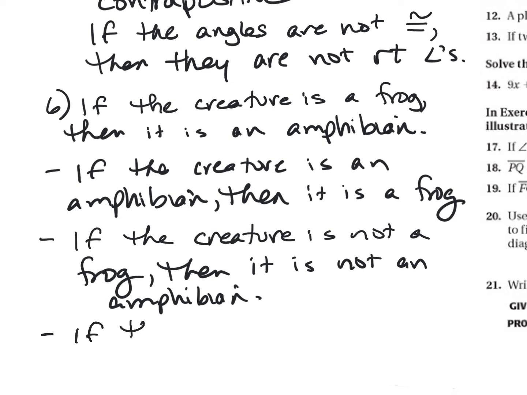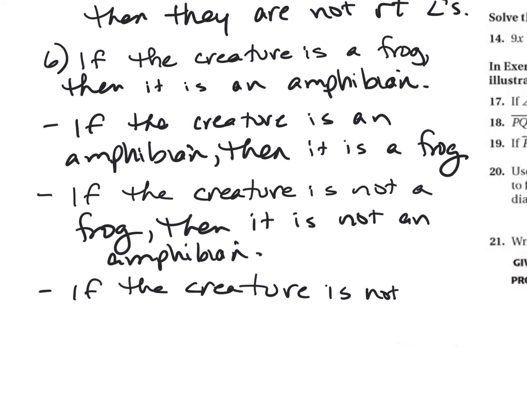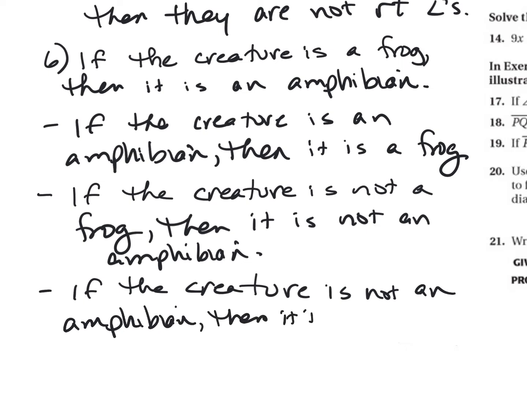So if the creature is not an amphibian, then it is not a frog. And that was number 6. Now we're going to do number 7.